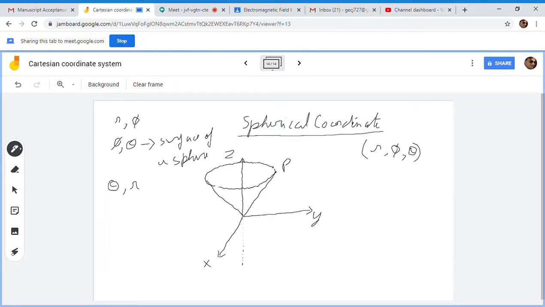You do not have to move in phi, so your phi is fixed, and you have to move in theta as well as in radial direction. So at a particular phi, this will be a flat. This will be the same thing which you have observed in your phi and z. So it will create a flat.